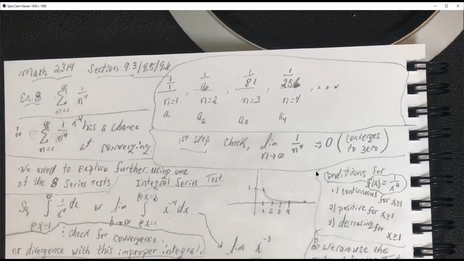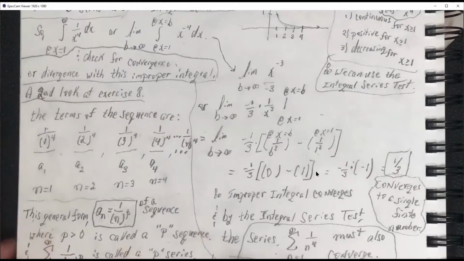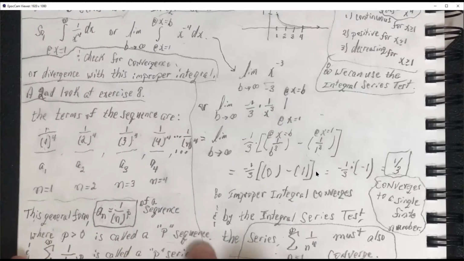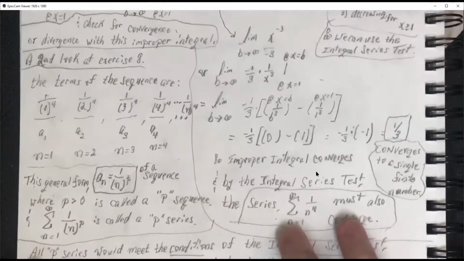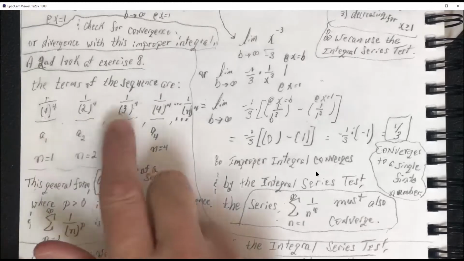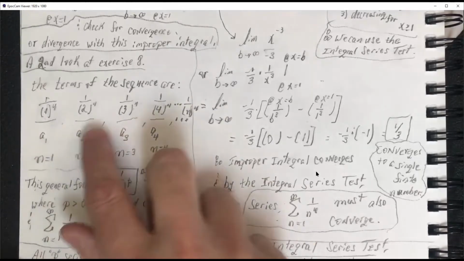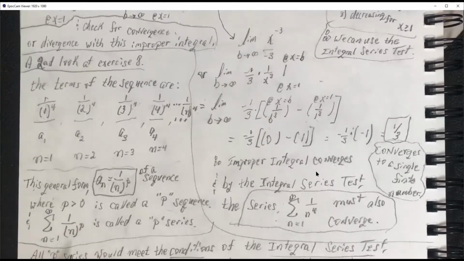So what is that called? That general form is called a p sequence. And when we're asked to add up all the terms of a sequence that has this p sequence pattern, it doesn't have to start at 1.